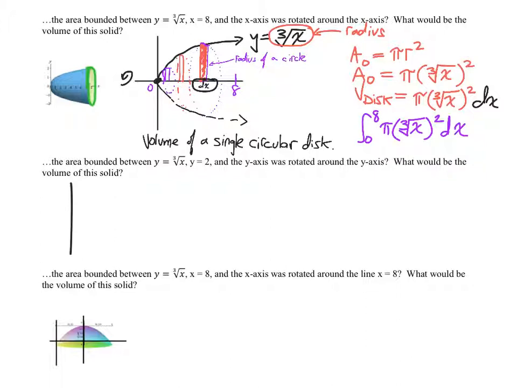And in the next little section, we'll talk about how we know the difference between one technique and the next. All right. So I'm spinning it around y. Here's 8. This is y equals the cube root of x.